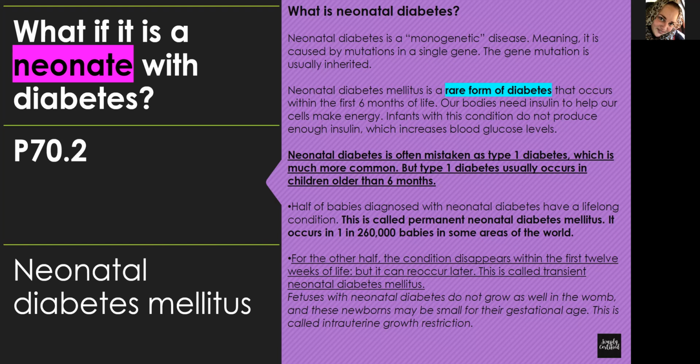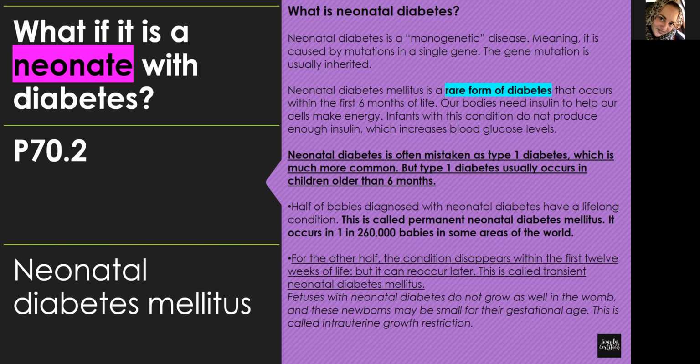So some interesting facts about neonatal diabetes. Half of the babies that are diagnosed with neonatal diabetes keep it for life. And when this happens, it's called permanent neonatal diabetes. It happens in about 1 in 260,000 babies in some places.